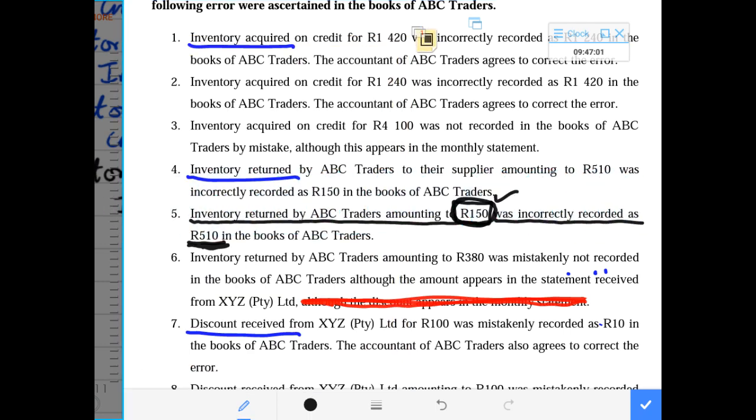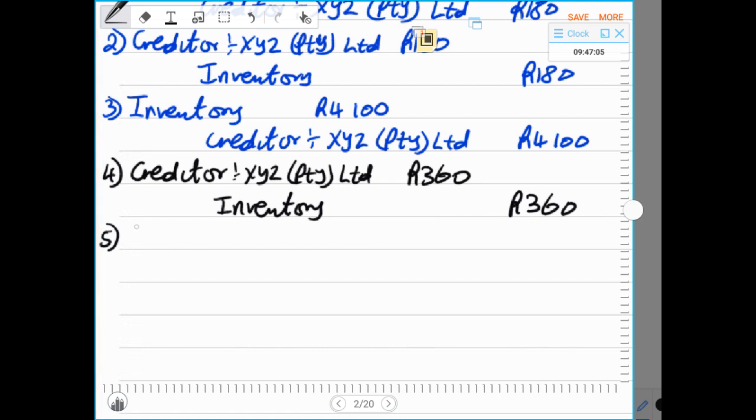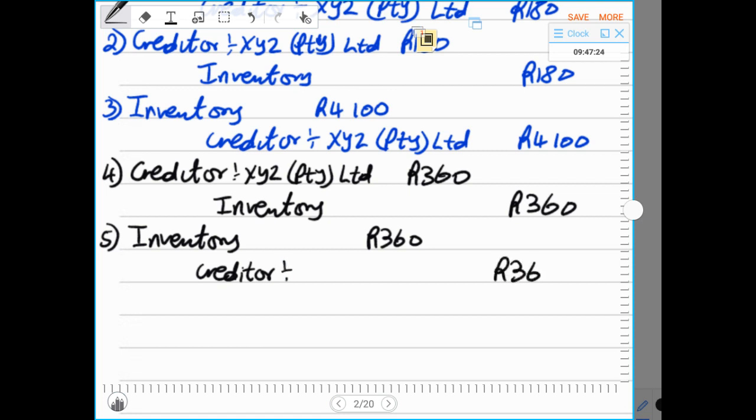It is just the opposite of the previous entry. We debit our inventory by an amount of 360, and we credit our creditor by an amount of 360, XYZ Pty Ltd.